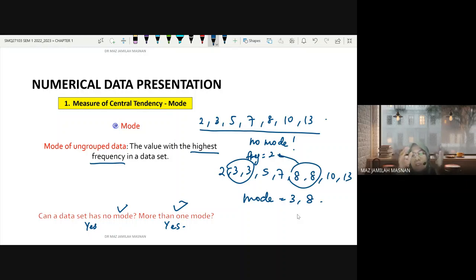If it is repeated in the smaller values, then it will shift to the left. The same goes if there are bigger values with the highest frequency, then the mode will be located at the upper side.